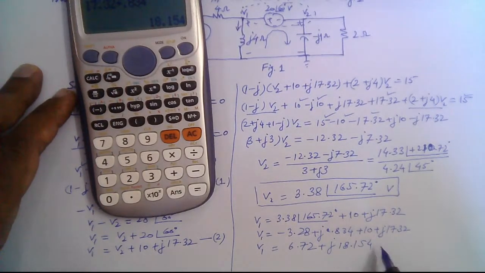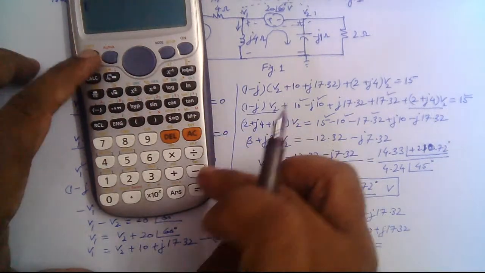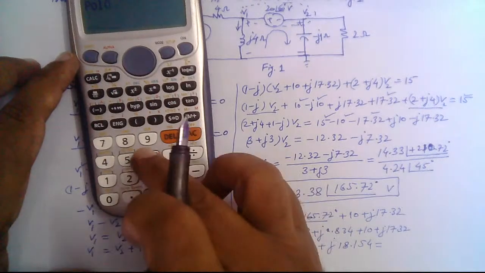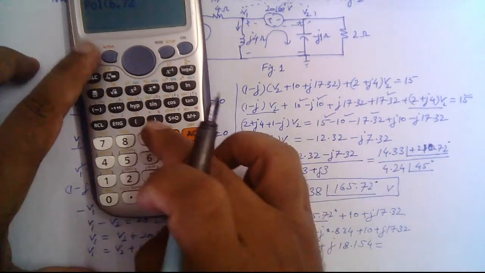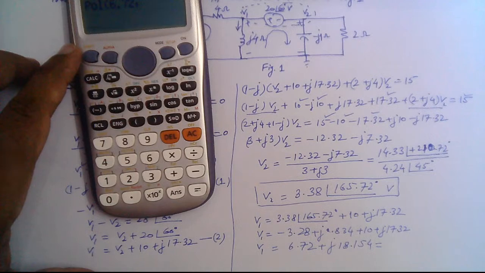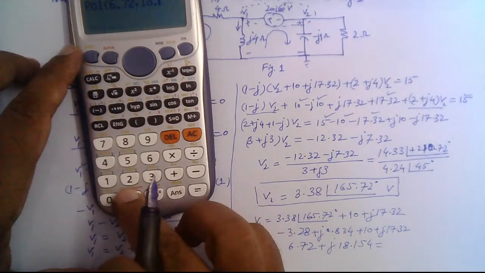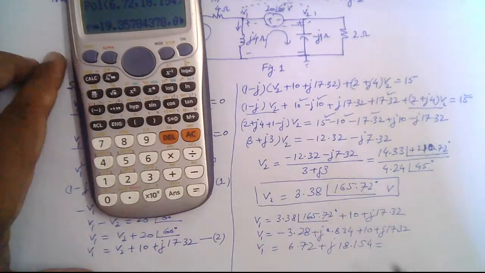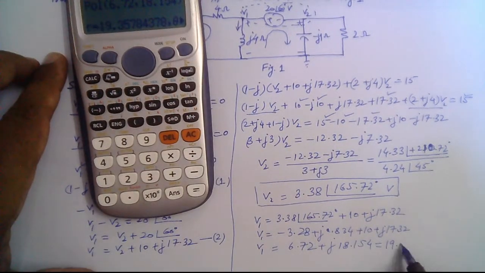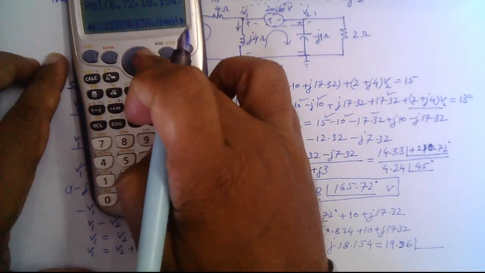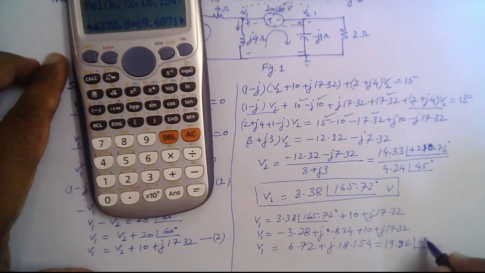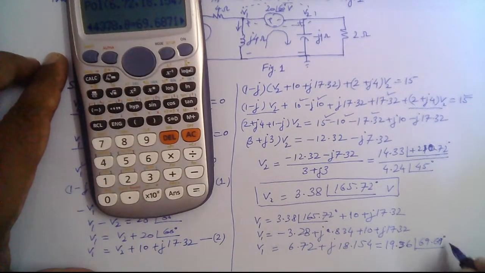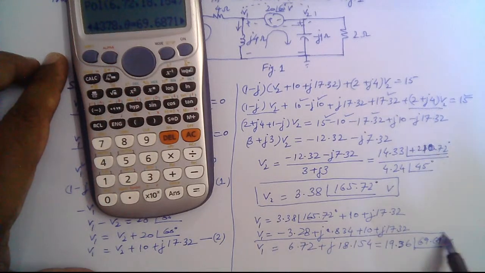So we can transform this into the polar form also. 6.72 and j18.154. So that is 19.36 at an angle of 69.69 degrees volts. So that is V1 here.